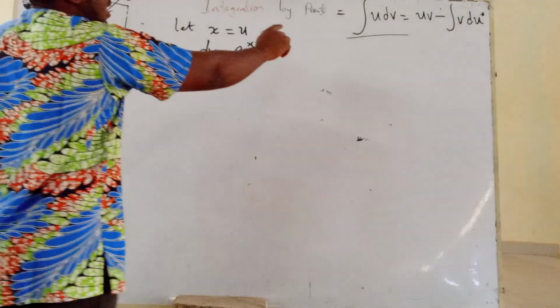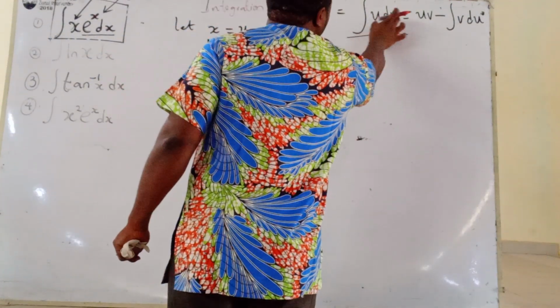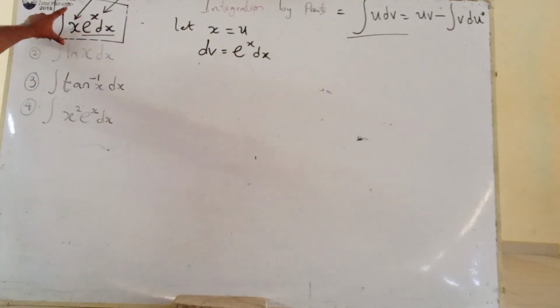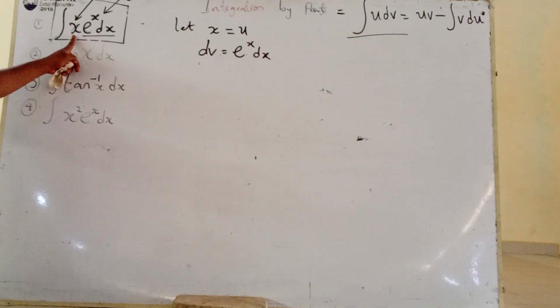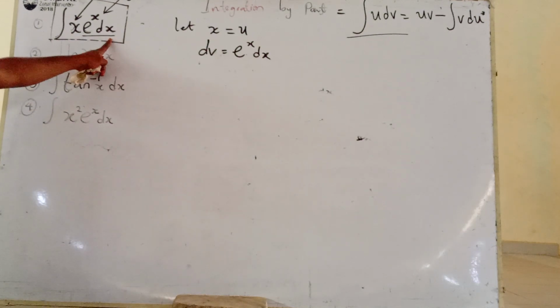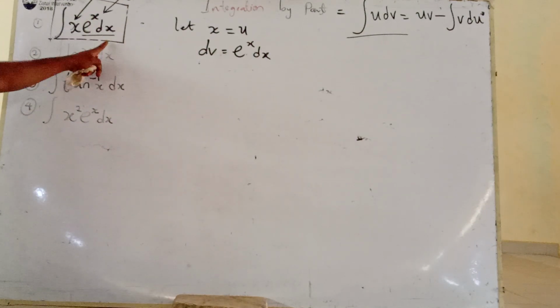The function says the integral is integral u dv. You have x, the remaining is exponential x dx.